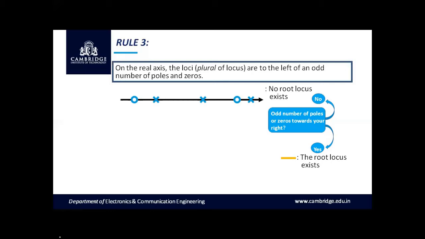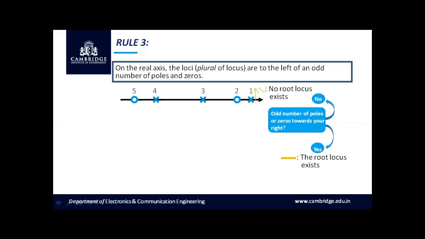With respect to the real axis, in this example we have 3 poles and 2 zeros. First, let me number it. So we have a total of 5, 3 poles and 2 zeros. Now let us take a point exactly at this location.